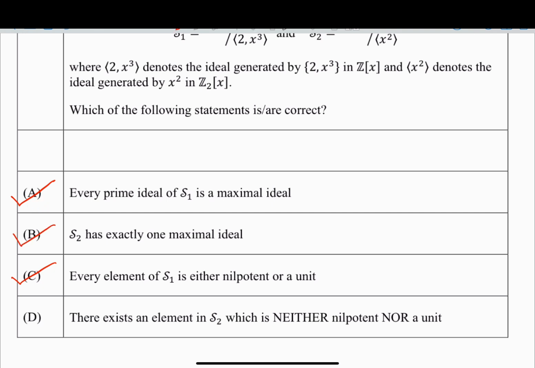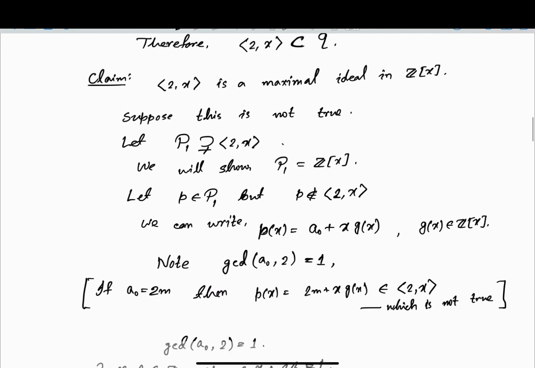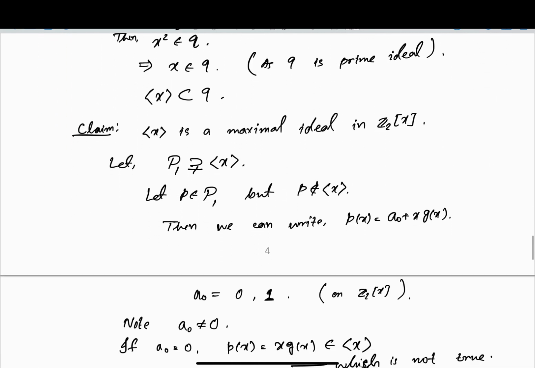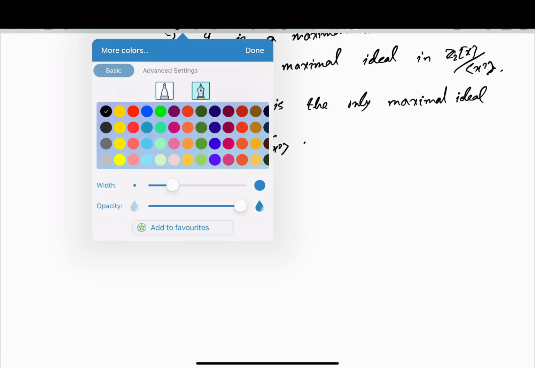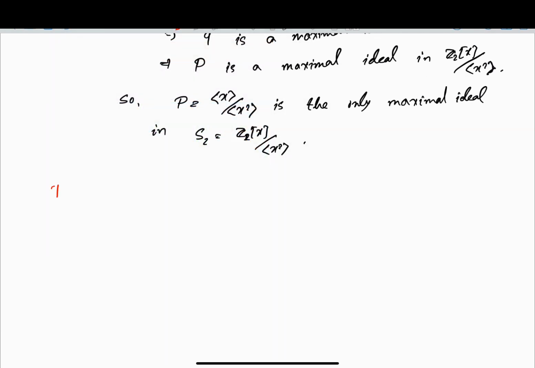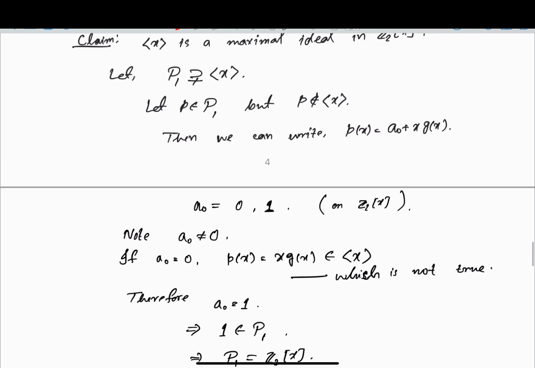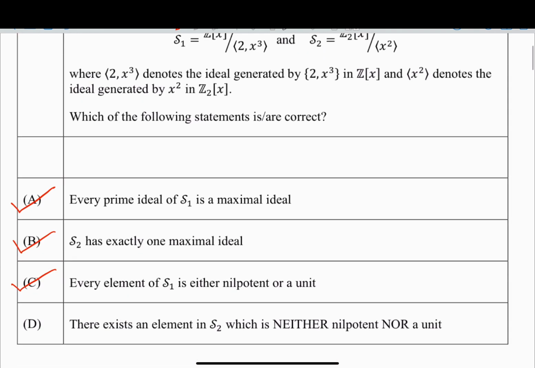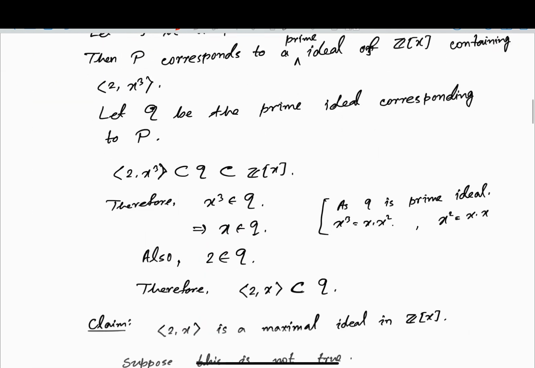Now option D. This is again the same as option C. So let's do it. Option D is saying that there exists an element in S2 which is neither nilpotent nor unit.